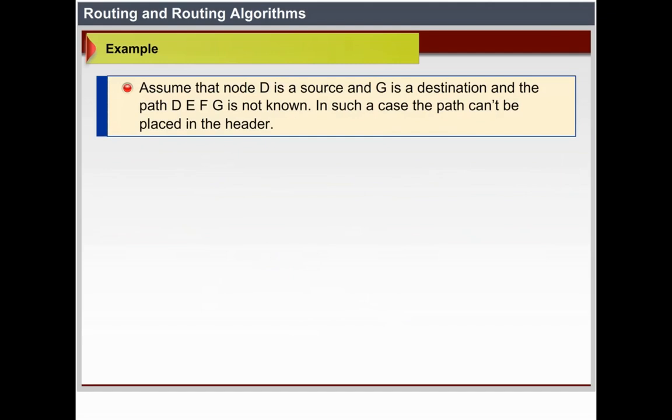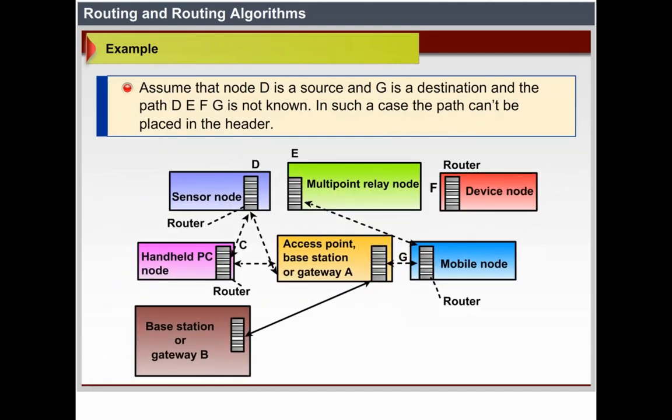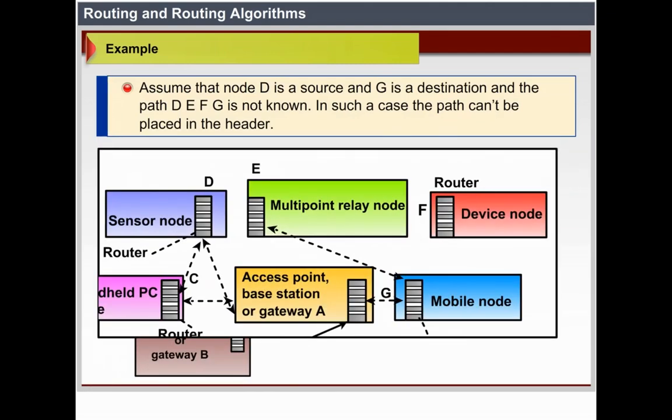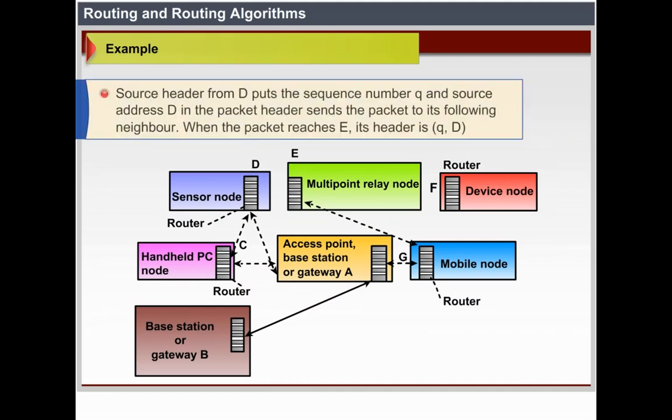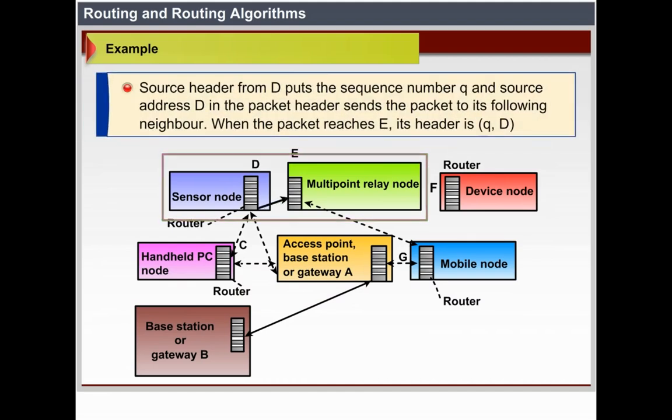Example: assume that node D is a source and G is a destination and the path D, E, F, G is not known. In such a case, the path cannot be placed in the header. Source header from D puts the sequence number Q and source address D in the packet header and sends the packet to its next neighbor.